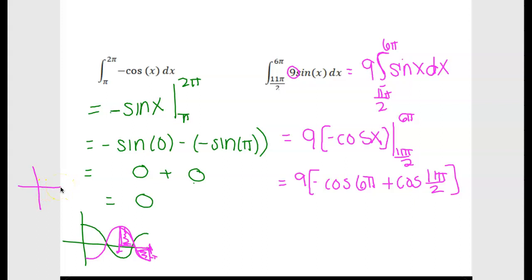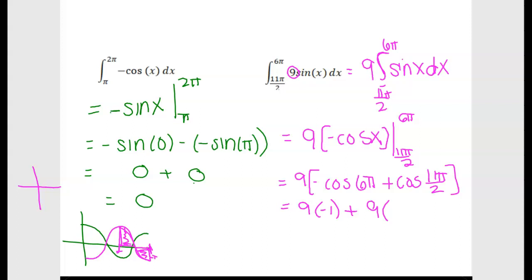You subtract 2 pi away, so 6 pi minus 2 pi is 4 pi. Subtract 2 pi away, now you're at 2 pi. So cosine of 2 pi and cosine of 6 pi are the same, and they have a value of 1. So you get 9 times negative 1 plus 9 times cosine of 11 pi over 2.